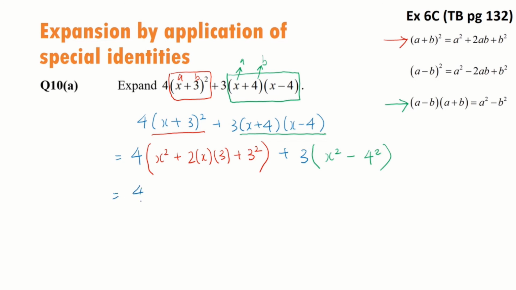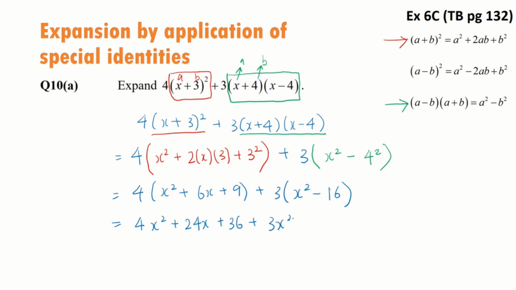So let's simplify what we have in the brackets. We have x squared plus 6x plus 9 plus 3 bracket x squared minus 16. Then now we do our rainbow method. Okay, this is the only stage where we have to do our rainbow. So we have 4x squared plus 24x plus 36 plus 3x squared minus 48.